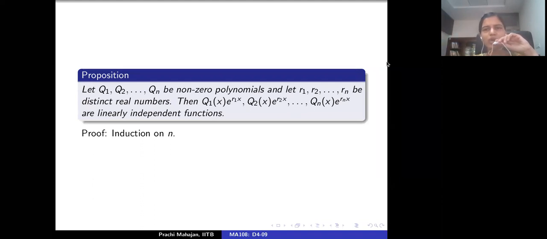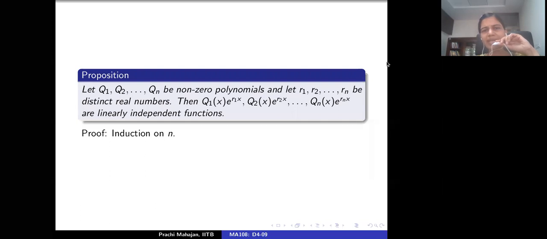How would you prove such a statement? I have left the proof for you to work on, but here is a hint. You appeal to the principle of mathematical induction on the index n. Verify that the statement is true for n equal to 1, assume the statement to be true for stage n minus 1, and using that induction hypothesis, try to prove that the same statement holds for n, and that would show that this is indeed true for all n.